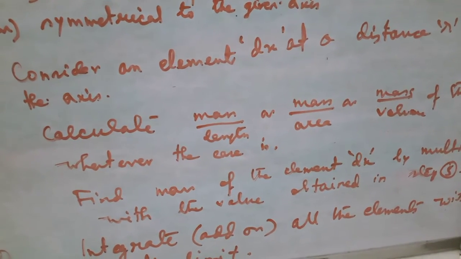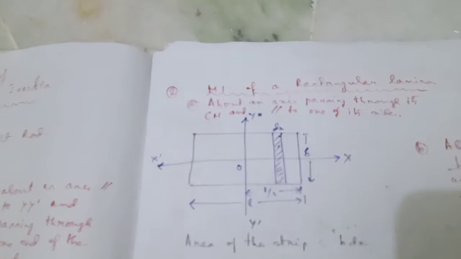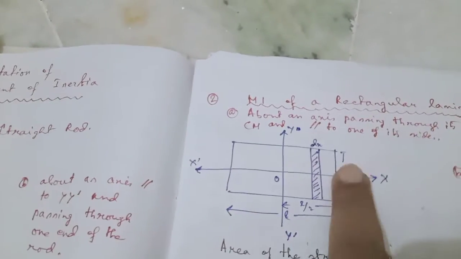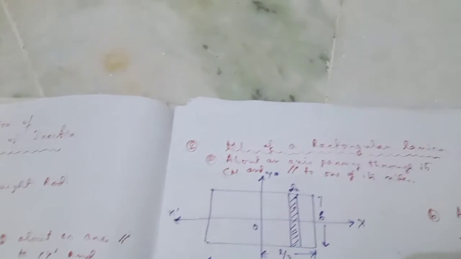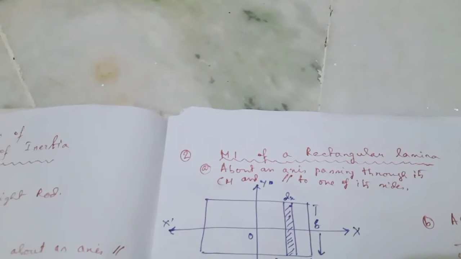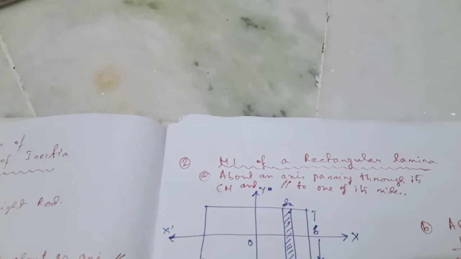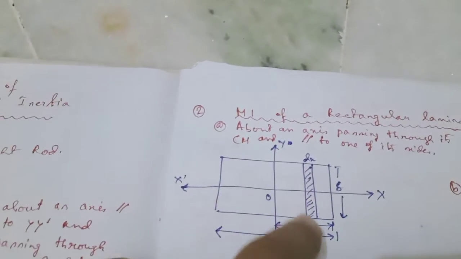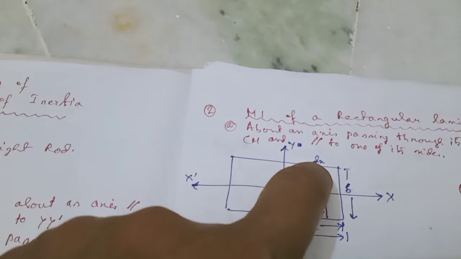Since we cannot calculate mass per unit length now, we have to calculate mass per unit area. If the entire mass of the lamina is capital M and area is capital A, that is length into breadth, then mass per unit area is M by L into B. The area of this strip is B dx, length into breadth.